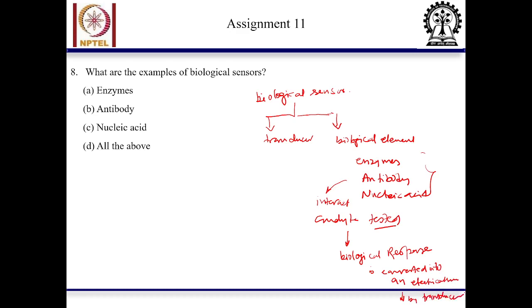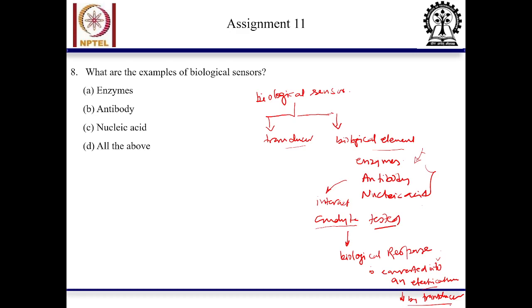So in a biological sensor, we have two things: the transducer and the biological element. What biological elements are we going to use? Enzyme, antibody, nucleic acid. These are the elements which interact with the analyte we are going to test, and their biological response we convert into the electrical signal by the transducer.